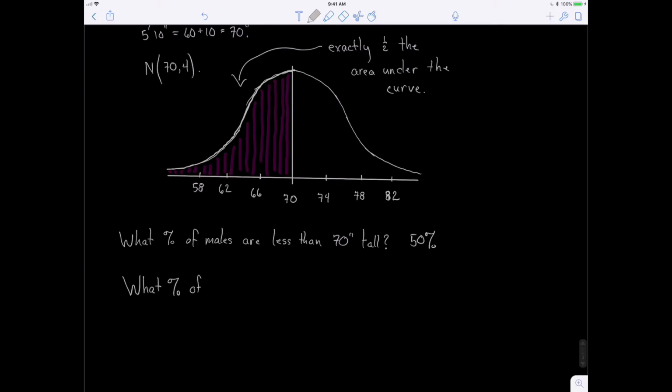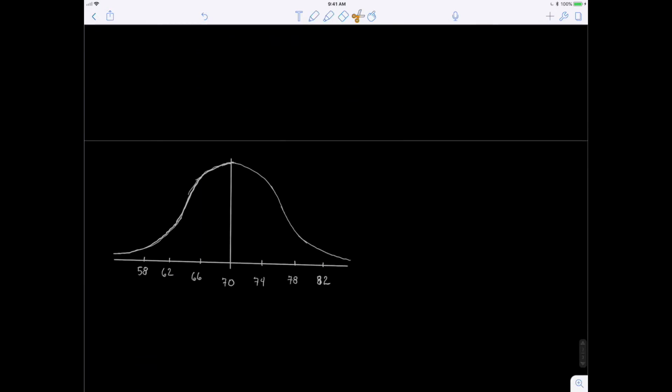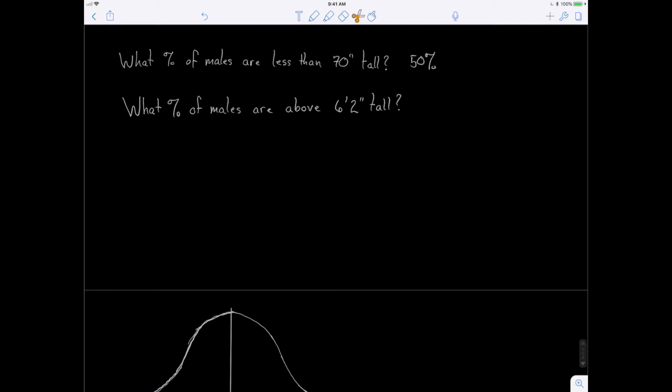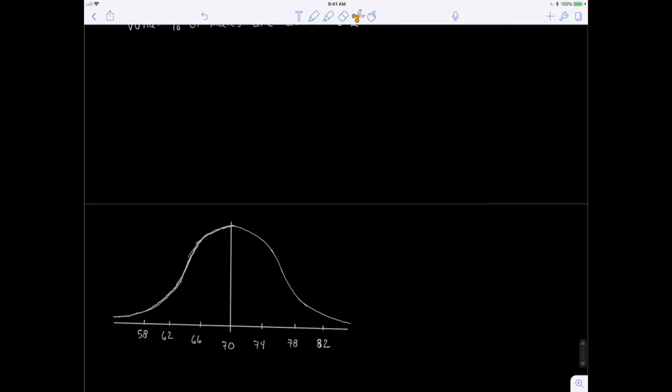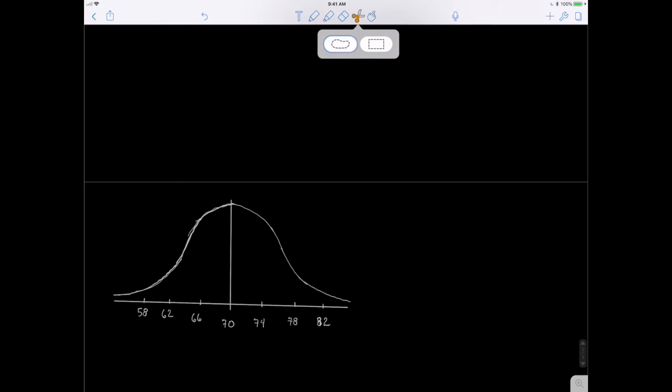In order to do this, I'm going to come down here and pick up a copy of this normal distribution. I'm going to copy that and bring it up here so we can put it to good use. Oops, that didn't work like I'd hoped.